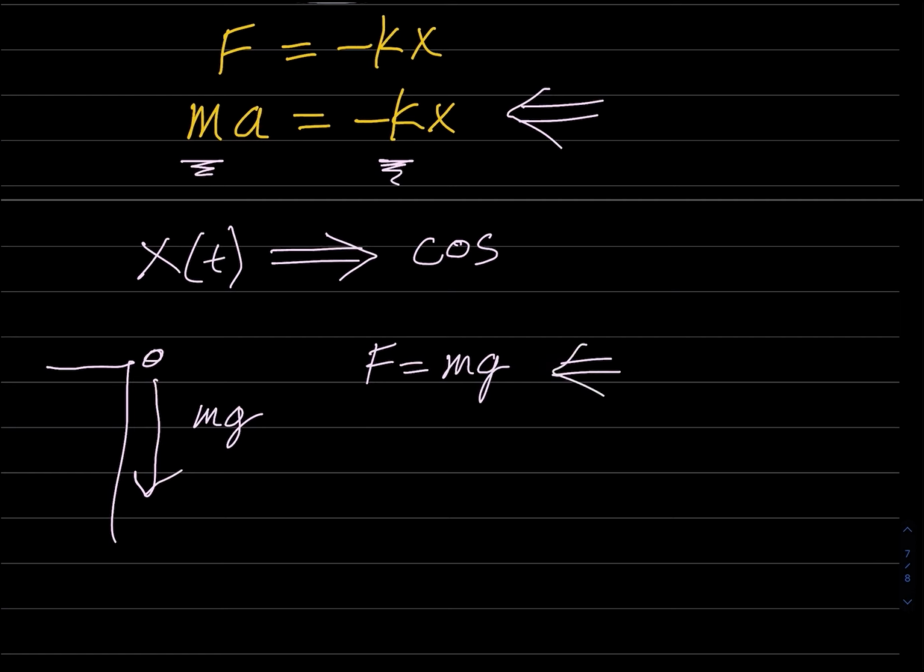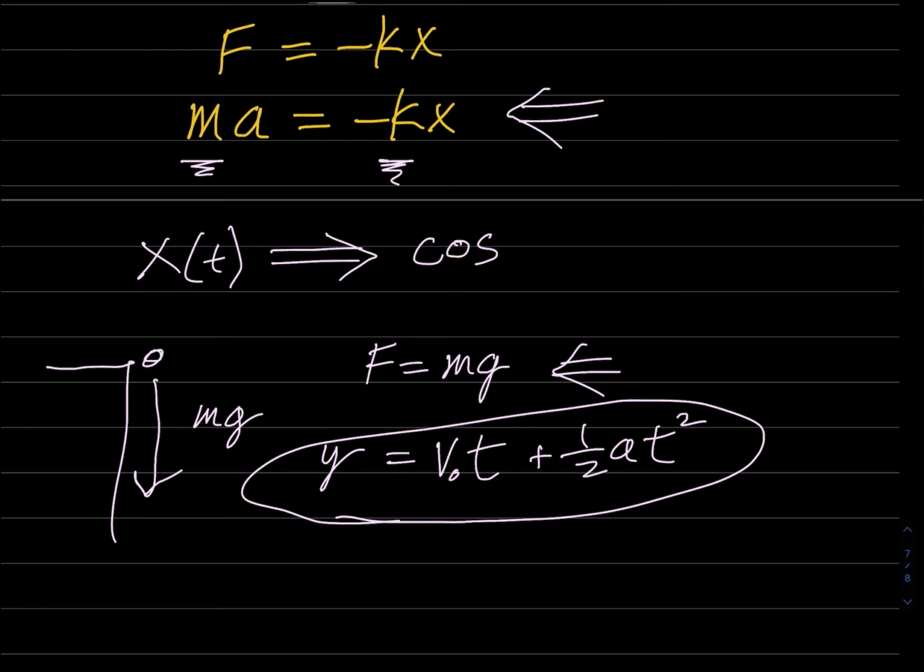And the solution of that differential equation says that the position y of the ball equals the initial velocity of the ball times time plus 1/2 the acceleration times t squared. And we studied that equation quite extensively in the first videos of this channel, and this equation falls out of the solution of this differential equation.